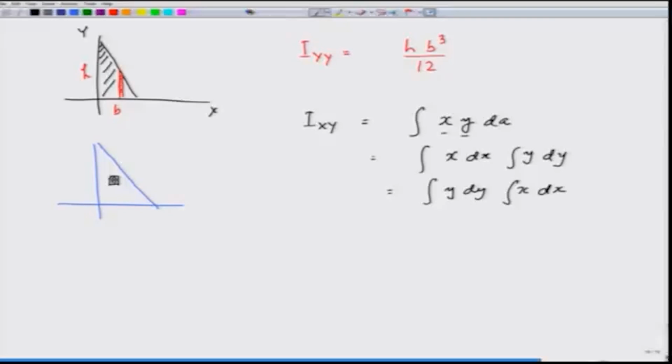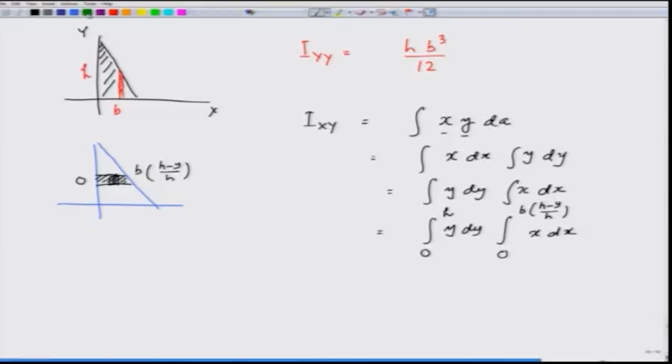Now, if I were to perform the x integral, notice that x in this strip is going to be from 0 to b times h minus y over h, up to this distance, and therefore this integral becomes y dy, where y varies from 0 to height h, and x varies from 0 to b times h minus y over h, x dx. That is the integral that we have to perform.